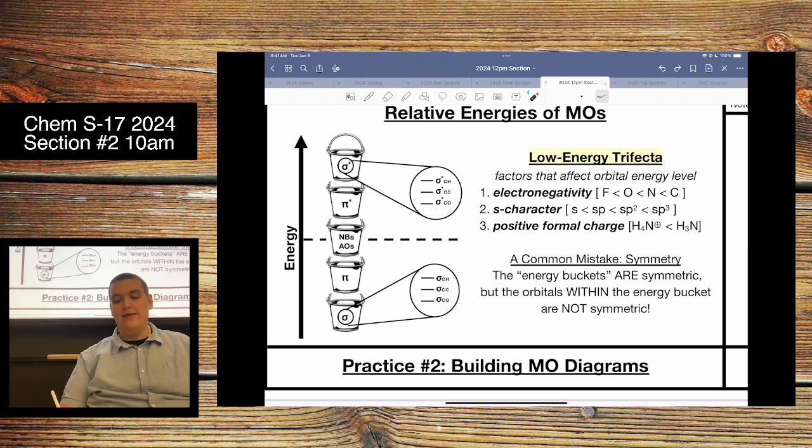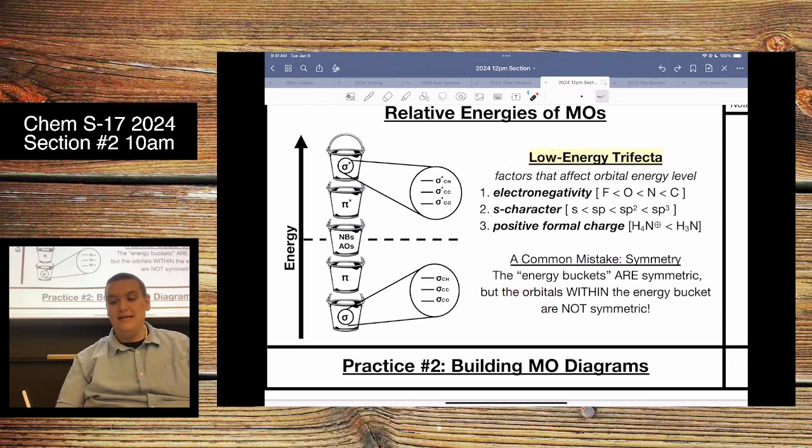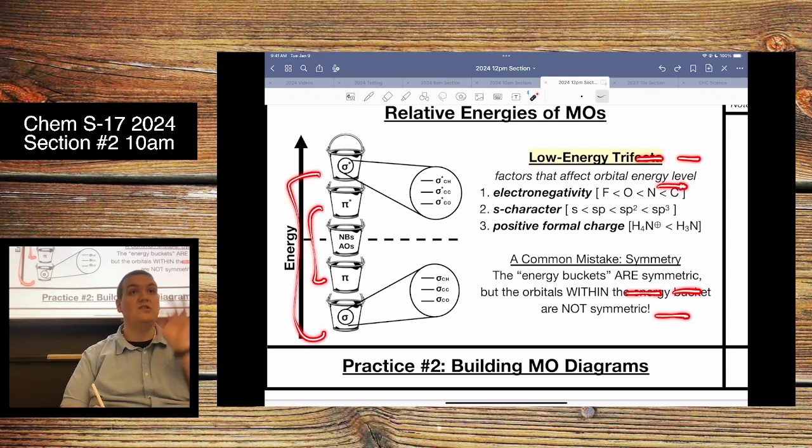A lot of people, if they had like 2, 1 on the bottom, would want to make it completely symmetric and do 2, 1 on the top, and that is a -1 on the test. You need to have the same kind of electronegativity dominating the rules on both the top and the bottom here. Does that idea of, yes, there is some symmetry, but it's not 100% symmetric make sense?